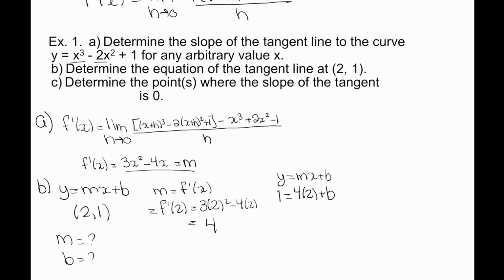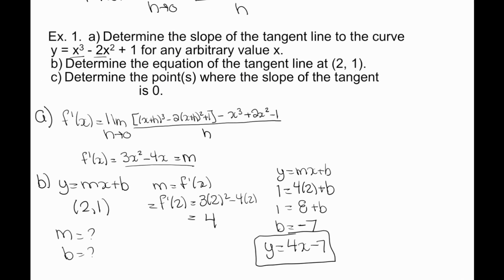So I can solve for my b value. 1 equals 8 plus b. So my b value for my equation is negative 7. So now I can write my equation. y equals 4x minus 7. That's the equation for my tangent line at that particular point, 2 and 1.